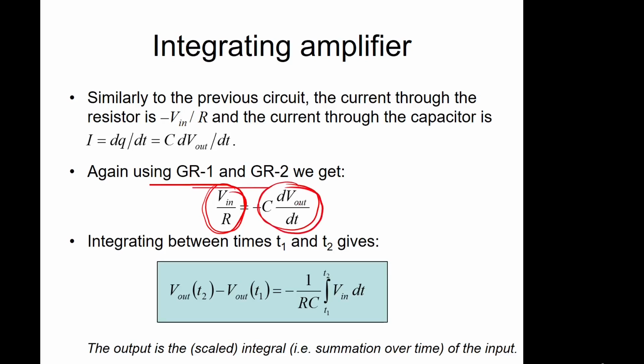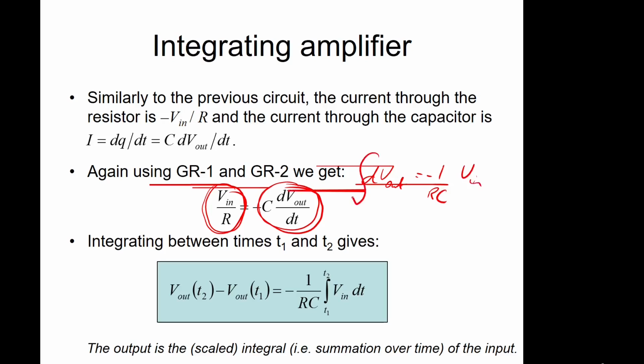We can rearrange, and if we rearrange, we have dVout equals a function. So what we then do is integrate that over a certain time period. So we have dVout equals minus 1 over RC times Vin.